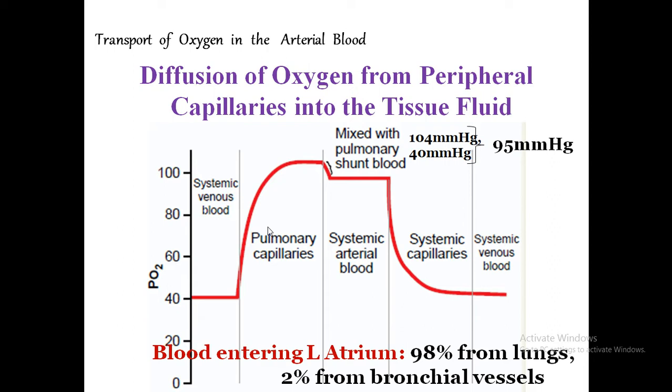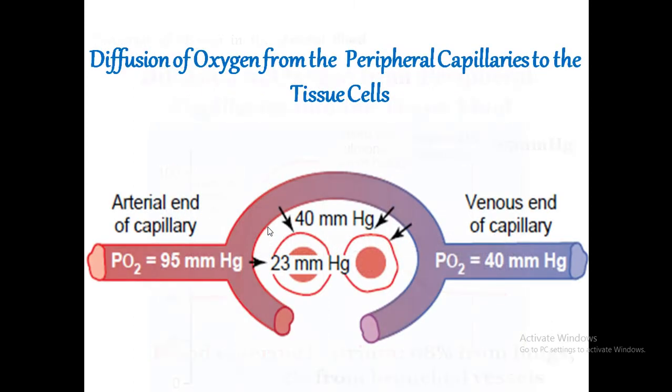Through the systemic circulation, this blood, which has the 95 mmHg partial pressure, comes to the tissue level. What happens at the tissue level? This is the diagram to show the changes of the partial pressure which occur at the tissue level.